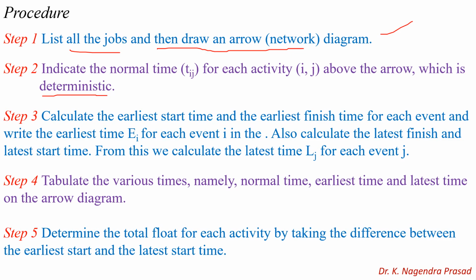Third step is to calculate the earliest start time and earliest finish time for each event and write it as the earliest time EI.